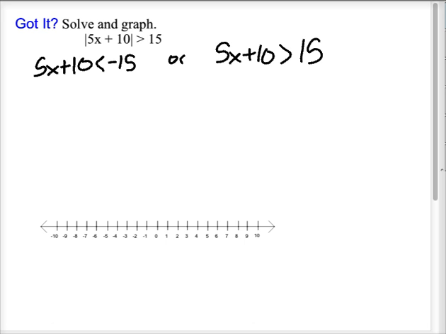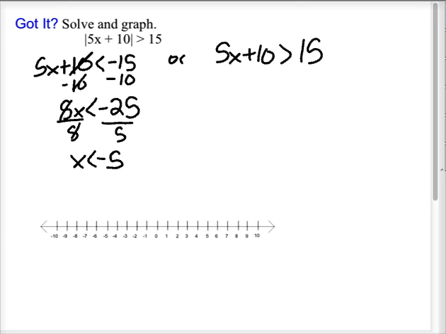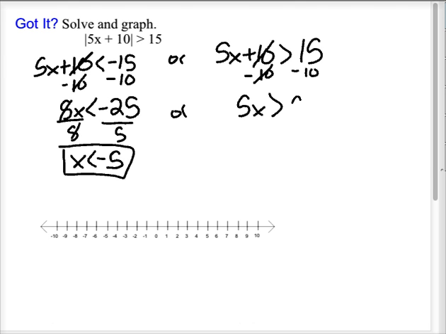I'm going to subtract 10 from both sides. 5x is less than negative 25. Divide by 5. x is less than negative 5. Or, when I subtract 10 from this side, 5x is greater than 5.